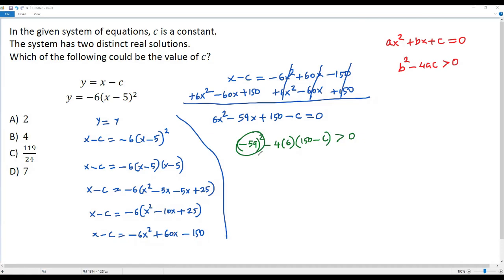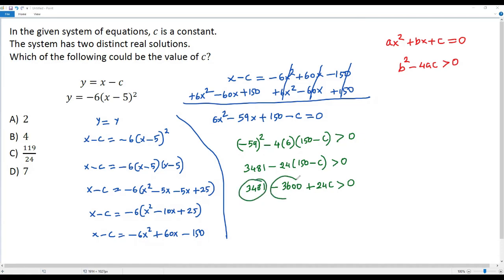Okay, when I evaluate the value of this, I am getting 3481, and negative 4 times 6 is negative 24 times (150 minus c) greater than 0. Okay, here 3481. When I multiply negative 24 and 150, I am getting negative 3600, and negative times negative is positive, 24 times c is 24c, greater than 0.